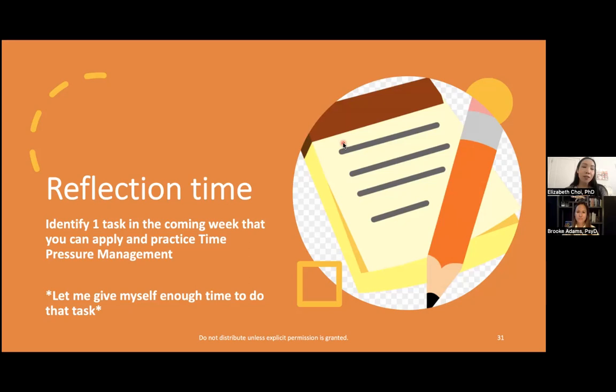And remember, the key statement is allow myself to give myself enough time to do that task. So maybe we'll do a 30-second reflection here. And if there's any questions about using this particular technique, you're also welcome to type that in the chat box.